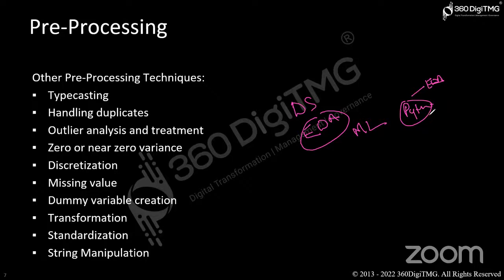Its high-level built-in data structures, combined with dynamic typing and dynamic binding, make it very attractive for rapid application development, as well as for use as a scripting or glue language to connect existing components together. Python and EDA can be used together to identify missing values in a dataset, which is important so you can decide how to handle the missing values for your machine learning.